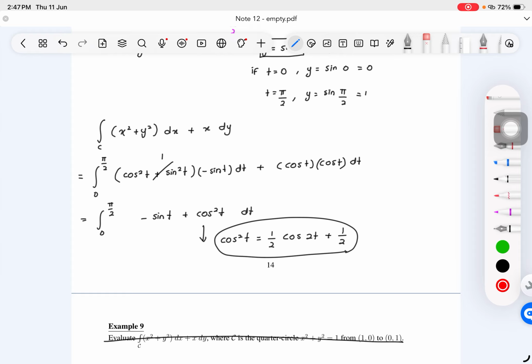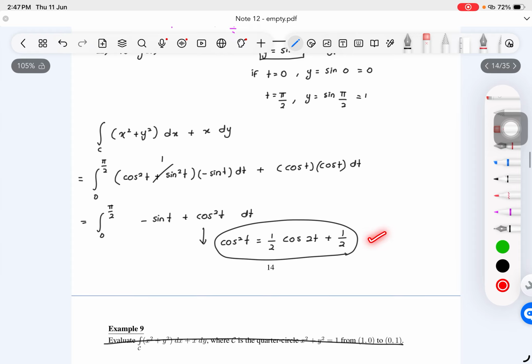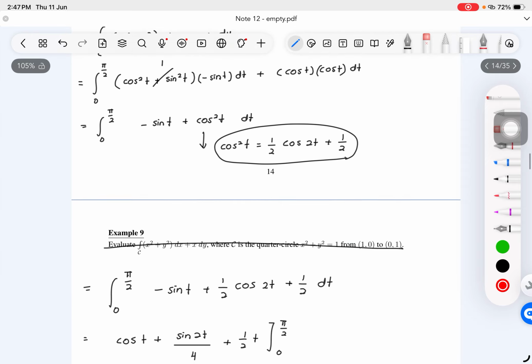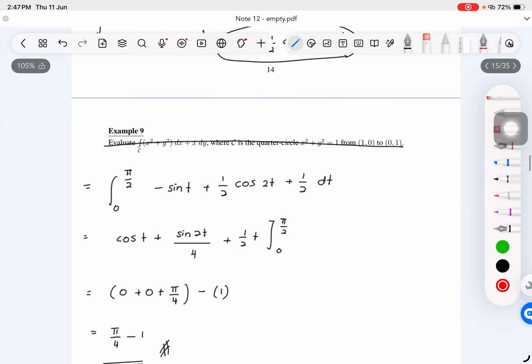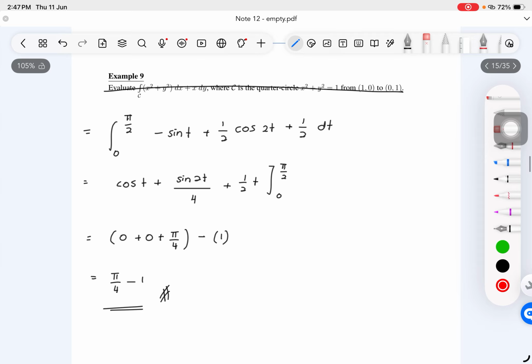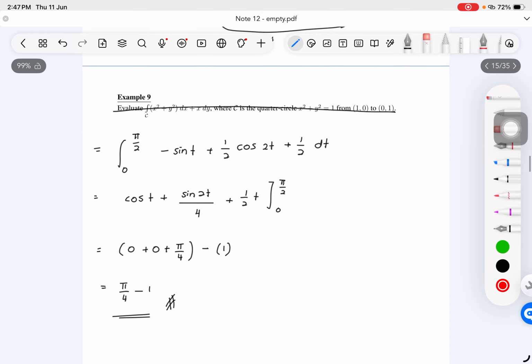This is the formula that you can use: cos squared t is equal to 1 over 2 cos 2t plus 1 over 2. So we substitute it here, then we simplify, and we get the answer like this. Or if you want it in 4 decimal places, that also works. So this is how we answer this question.